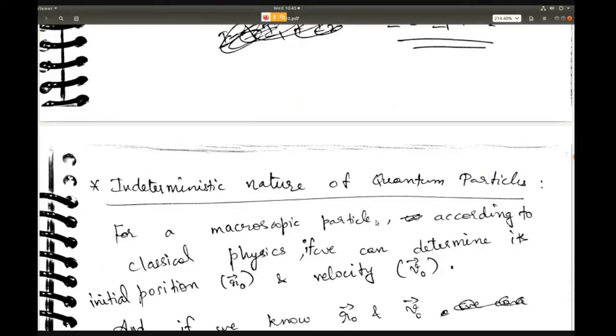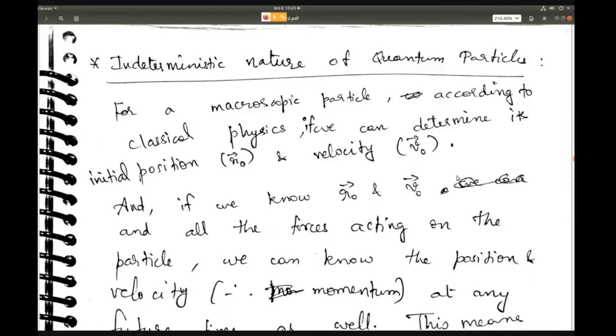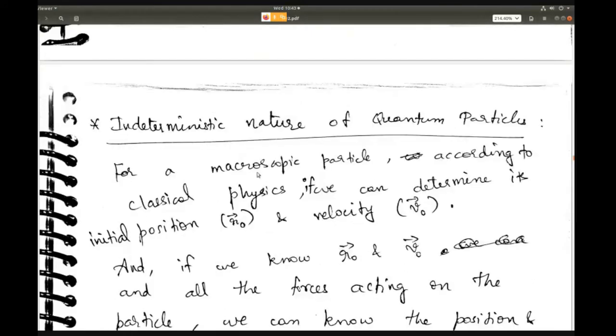If you compare it with a macroscopic particle, according to classical physics, if we know the position vector and the velocity vector, and if we know all the forces acting on the particle, then we can predict where the particle will be at some later time.